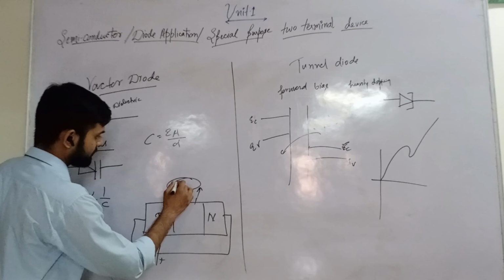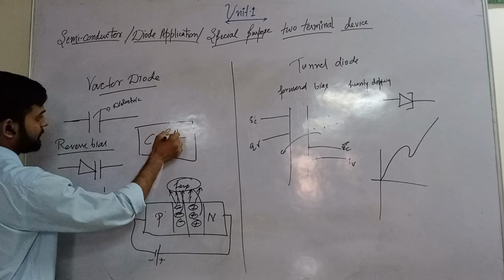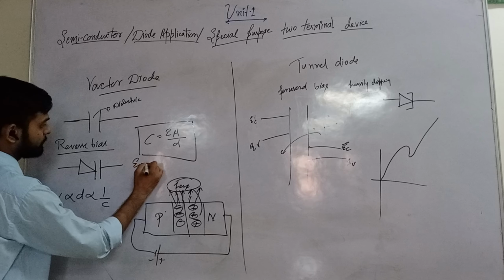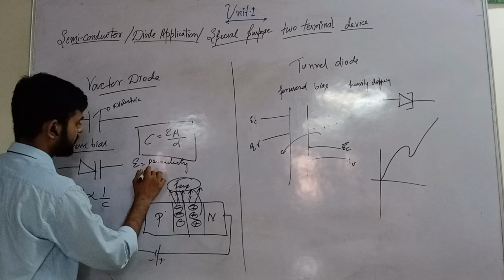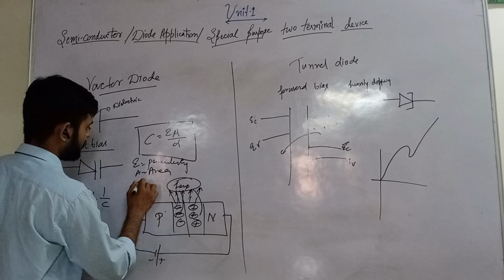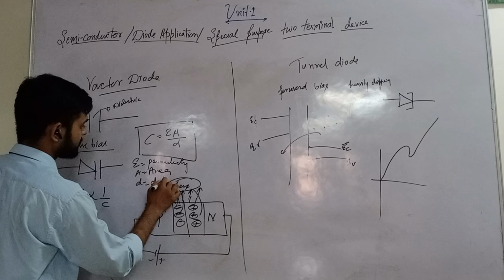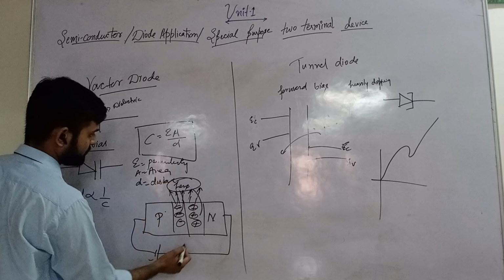Layers are added from this negative and positive, going from this to this. This acts like a capacitor. The capacitor formula is C equals epsilon A upon D, where epsilon is permittivity, A is area, D is distance between both.